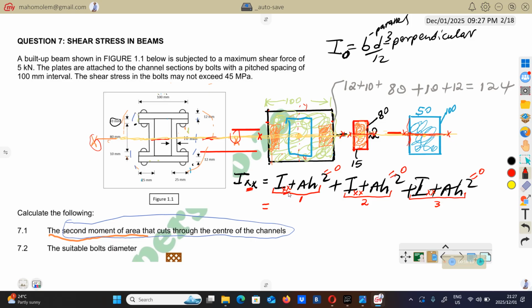The dimension parallel to this XX, we're going to take as B, which is 100. 100 is parallel to XX, so it's going to be B. So we're going to say 100 multiplied by the other side perpendicular to XX, which is the one that we're going to raise to the power 3, which is that 124.